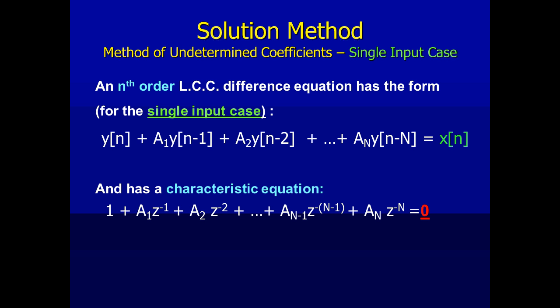And that single input case has a characteristic equation that comes from looking at the left-hand side of the difference equation, rewriting it with a z operator, same kind of z operator we used in our delay blocks in our block diagram. So if I have a y of n minus 1, that becomes a delay, a z to the minus 1 operating on y of n.